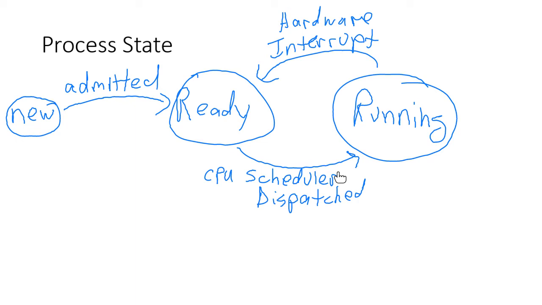Definitely, if a hardware interrupt occurs in the middle of having its instructions executed, it can resume, and it goes to the ready state. But in our state diagram, it goes from the running state, and what might cause it to go out of the running state? What other state might it go into?